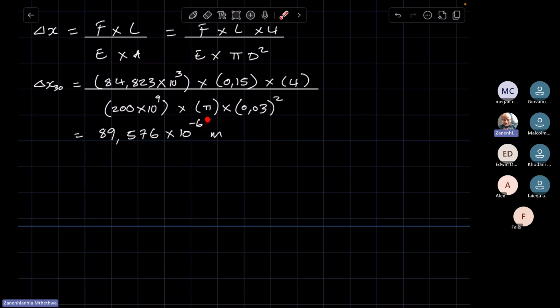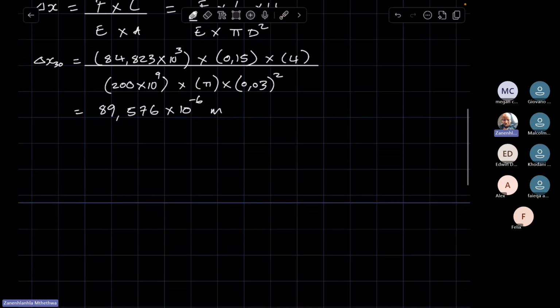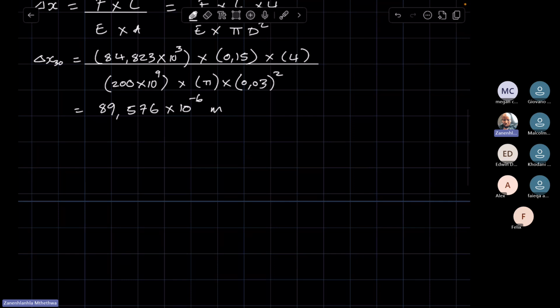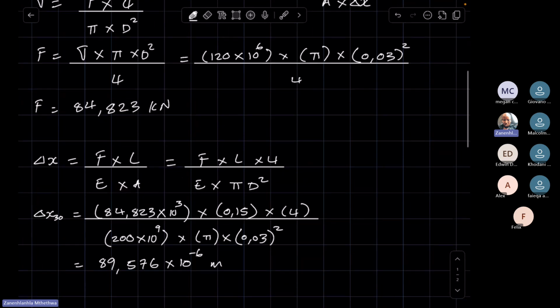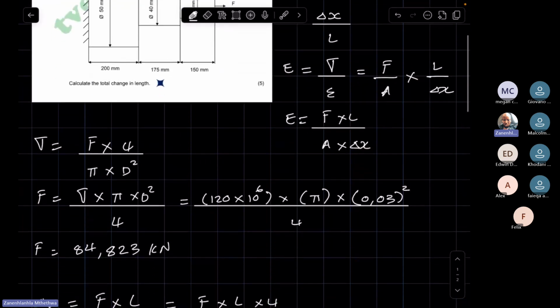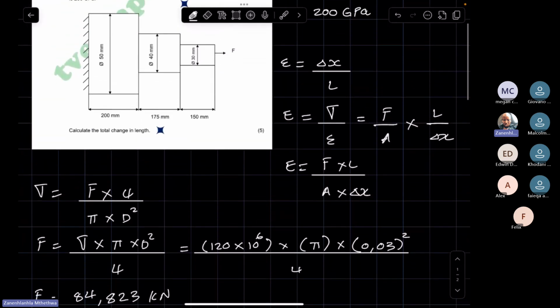All right, so now we do the same thing for the 2 other sections. You have the change in x for the 40 millimeter section. The length for that section is 175.